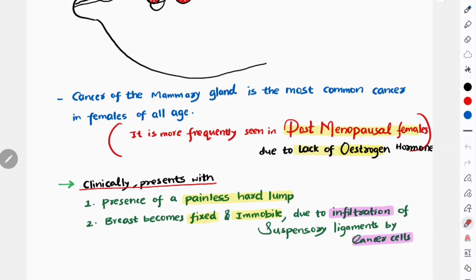The menopause is attained by the female at the age of around 50 years. So after 50 years, between 40 to 60 years, there is lack of estrogen hormone in the body of the females. That lack of estrogen is a risk factor for development of carcinoma of the breast.